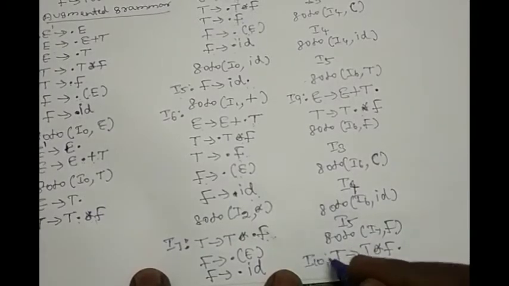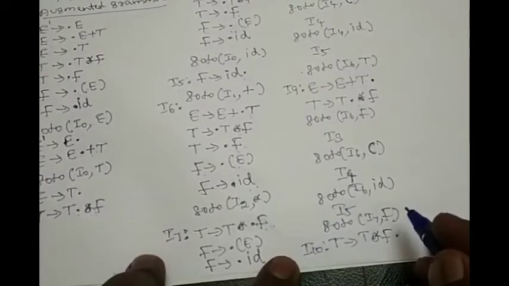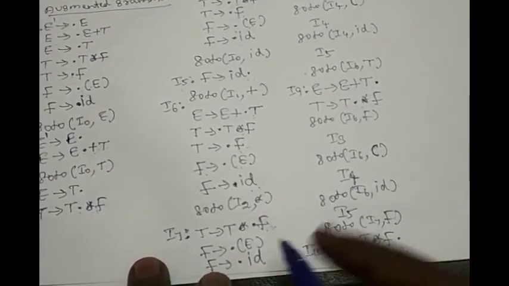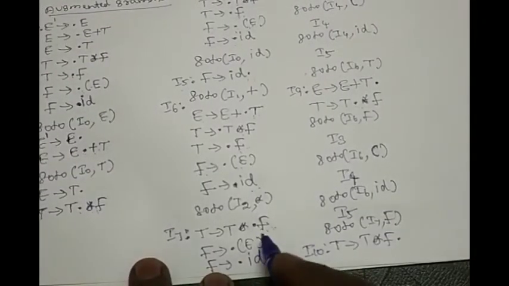Item set 9 is already there, so this will be named as item set 10. There is not any F after the dot, and there is not any dot before F here apart from the first production, so we will skip it.